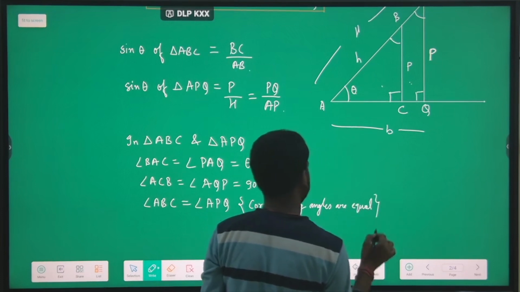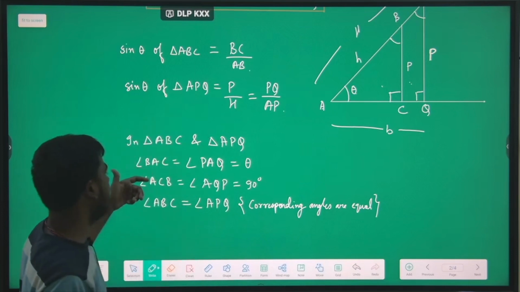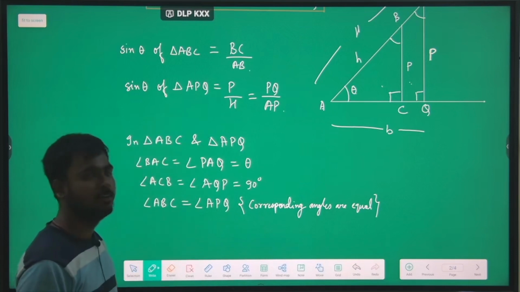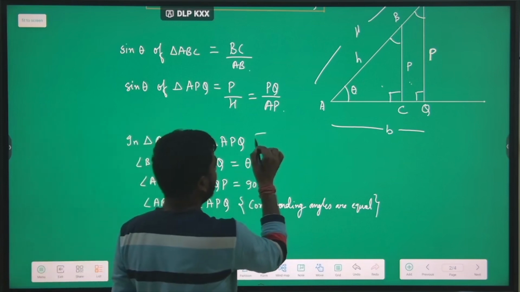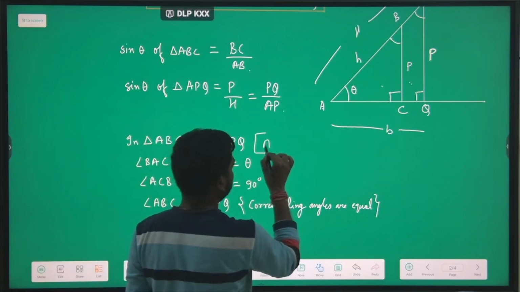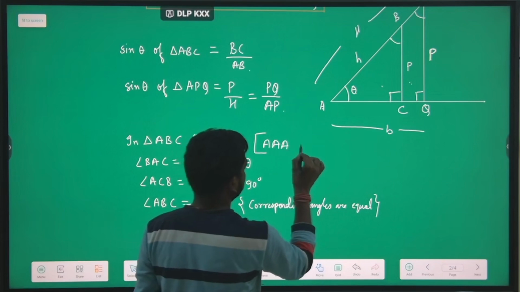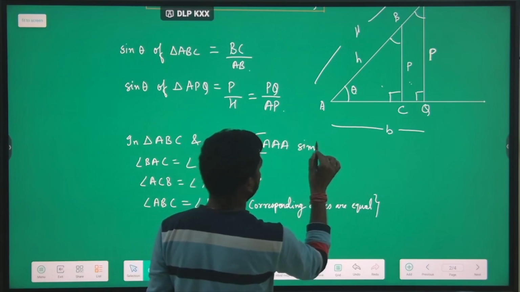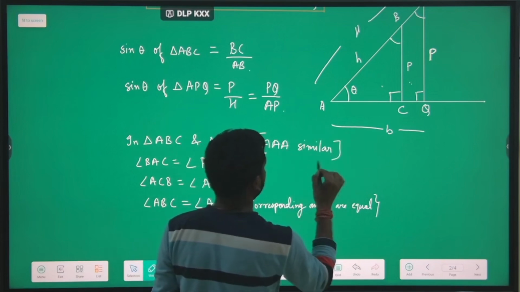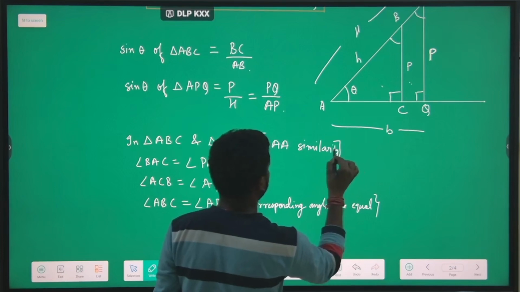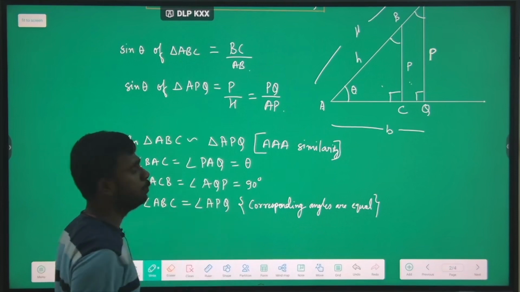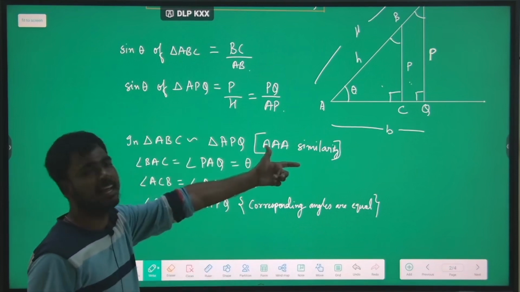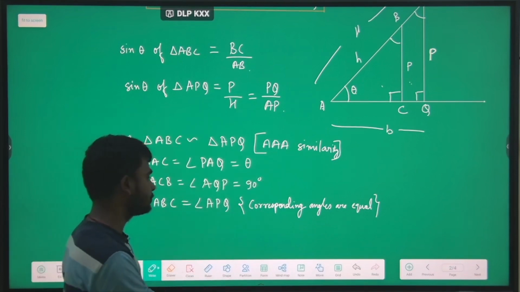So from angle similarity, we have proved that these two triangles are similar. These two triangles are similar to each other through this angle similarity.